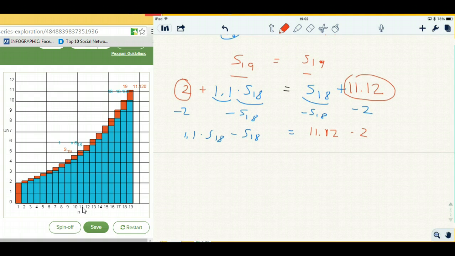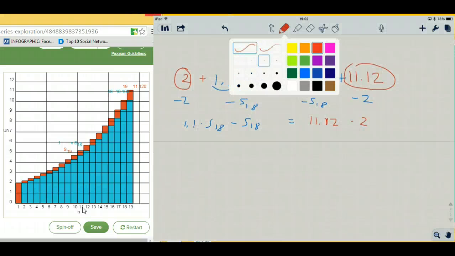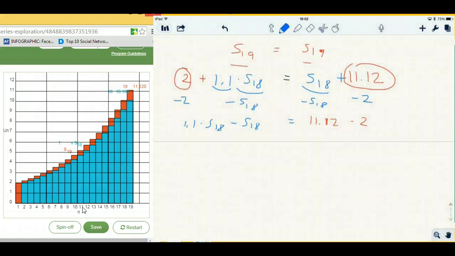Okay? Now, I don't want you to subtract everything out. What I want you to do now is replace these numbers with variables. First thing we're going to do is simplify this part. Instead of having S18 separated here, we're going to factor out S18 and we're going to get 1.1 minus 1.